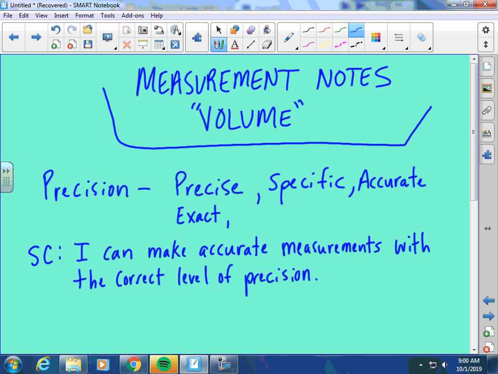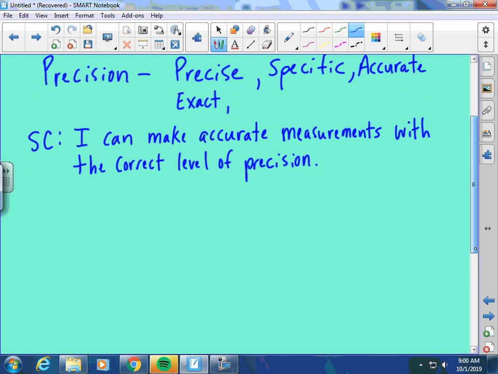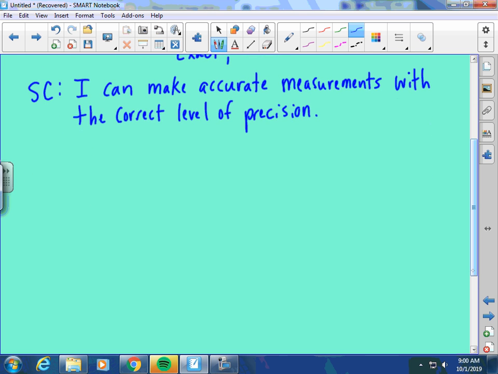All right. So as you can see by the title, today's measurements are going to be about volume. We're going to talk about finding the volume of a substance or an object. So the first thing I want to talk about is liquids.